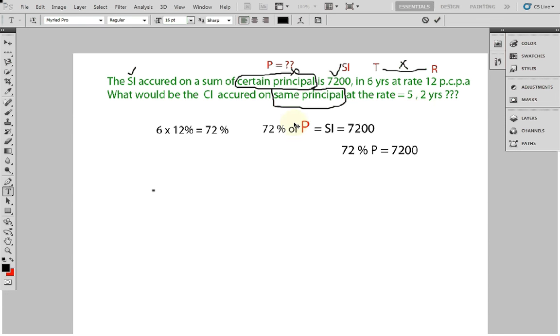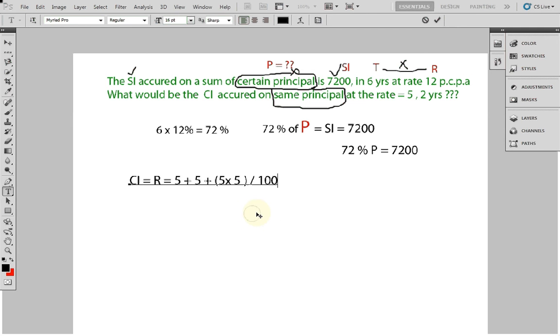So the rate of interest for 2 years in compound interest, for CI, equals 5 plus 5 plus 5 into 5 by 100.